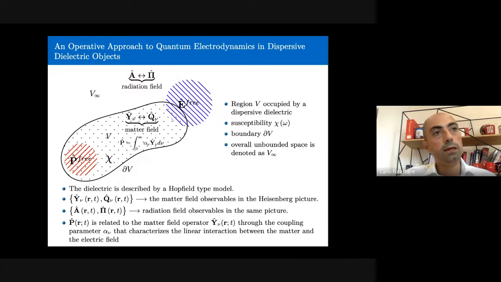And then this field has to be coupled with the electromagnetic field outside, in the whole space. So we have the matter field, we have the electromagnetic field, and we have the coupling between them. So this is actually the Hopfield model, and all the subsequent approaches are based on this idea.